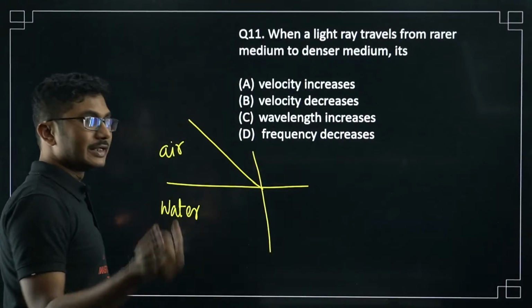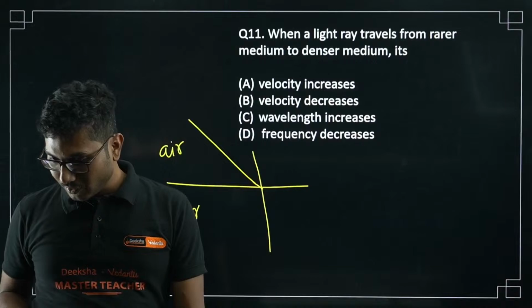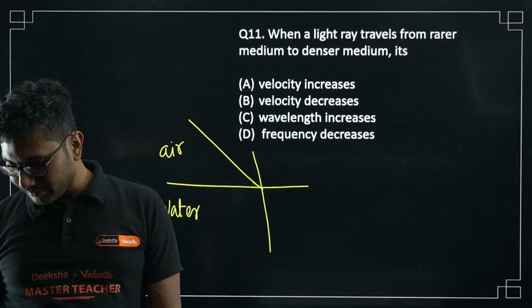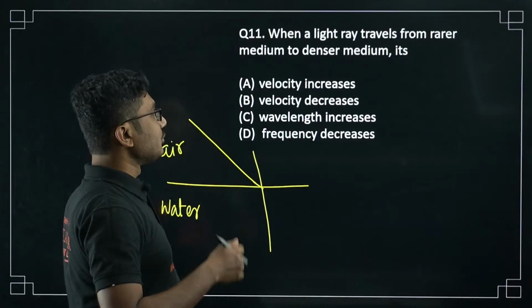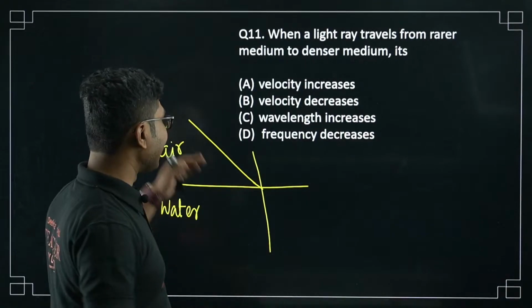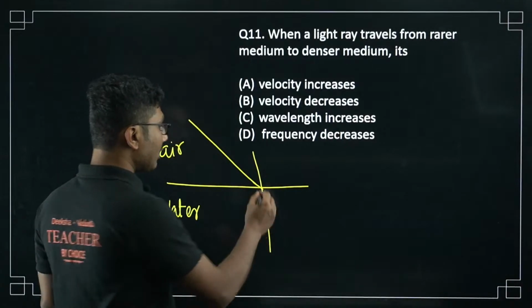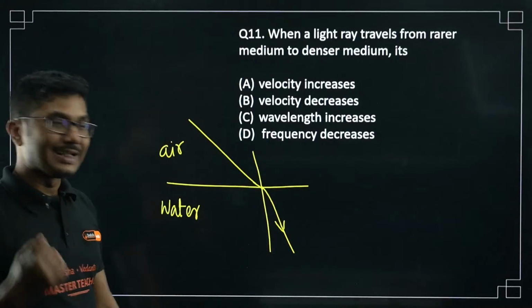Speed increases, speed decreases, wavelength increases, frequency decreases. Shagupta is saying 11B, Ataur is saying 11B, Srinu is saying 11B, Navyashri is saying 11B. So yes, when light travels from a rarer to a denser medium, its speed decreases. Because of that, the light ray bends towards the normal.